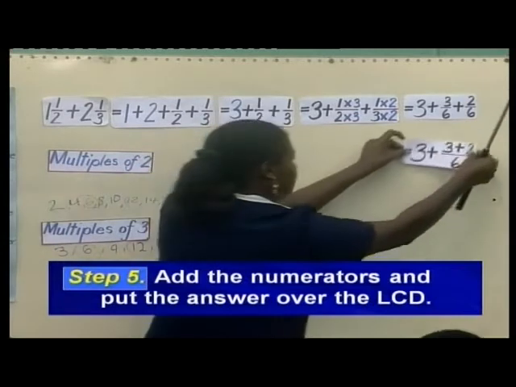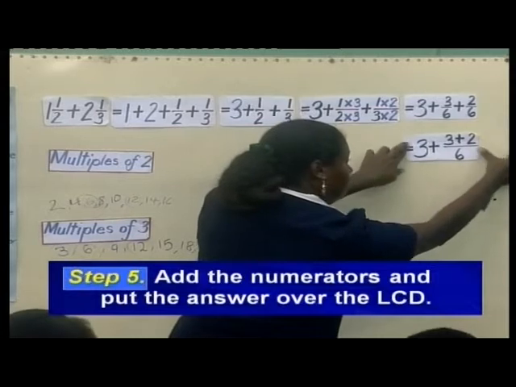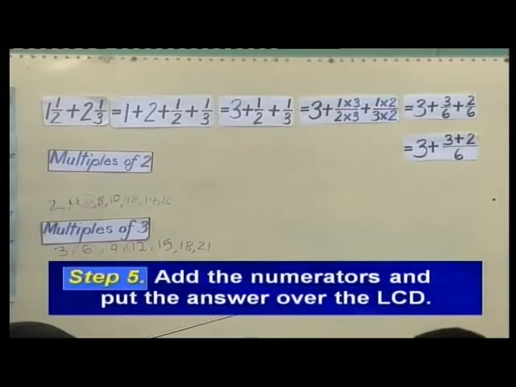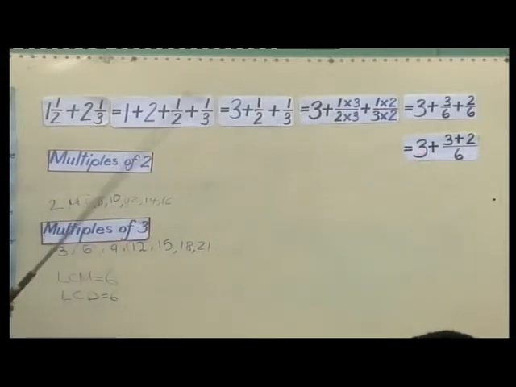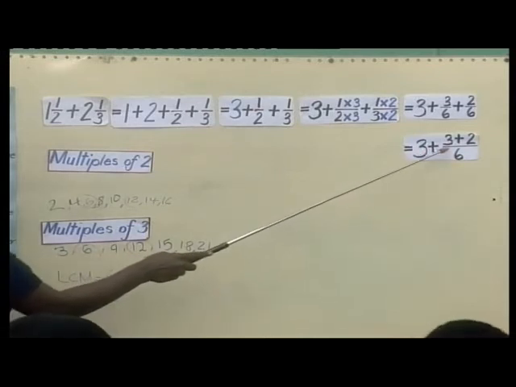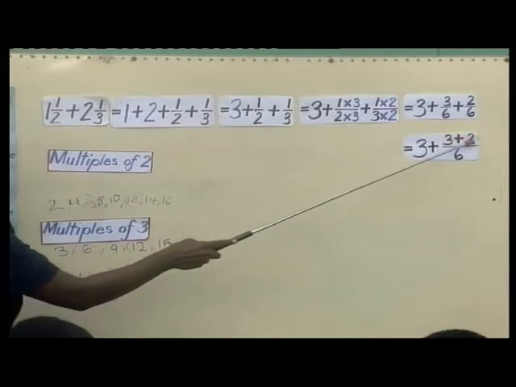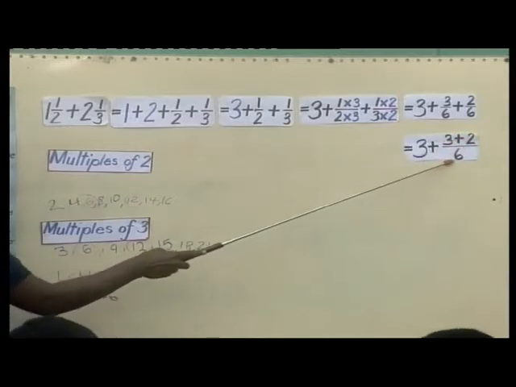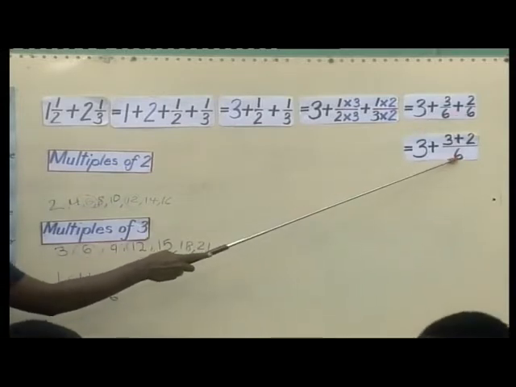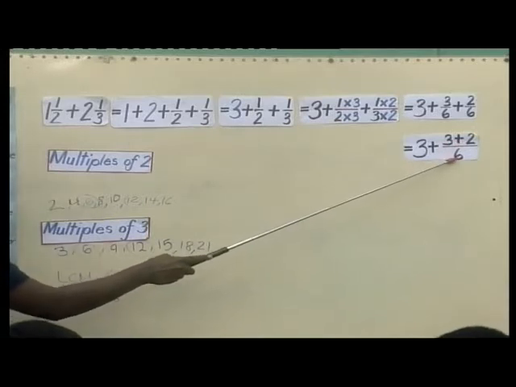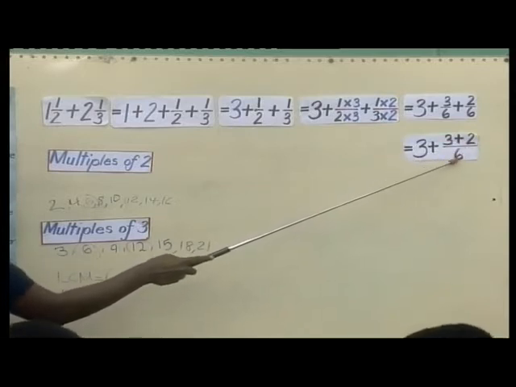So we have 3, don't forget the 3, the whole number, 3 plus 3 plus 2 all over 6. 6 is the common denominator. That's why it is written as only one number. So we have 3 wholes plus 3 plus 2 all over 6.